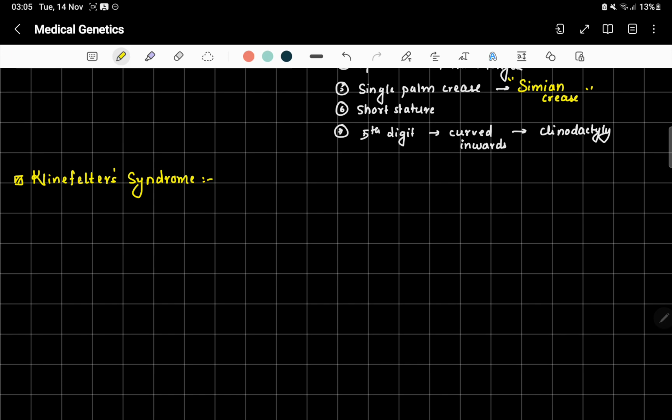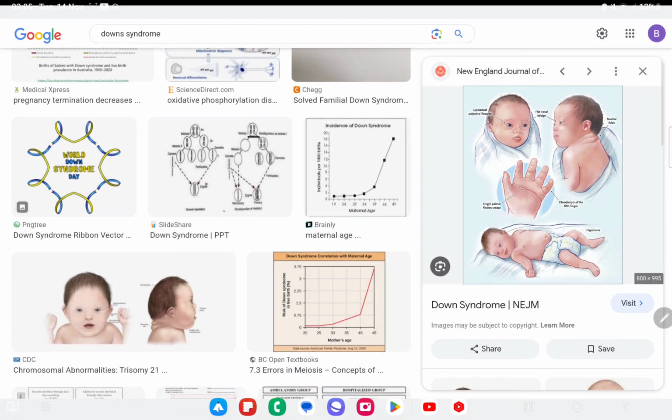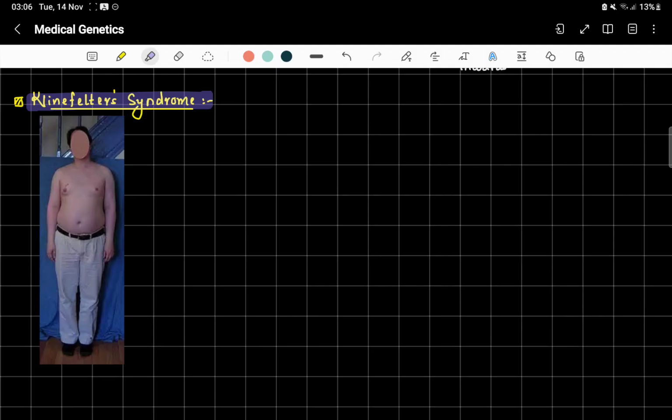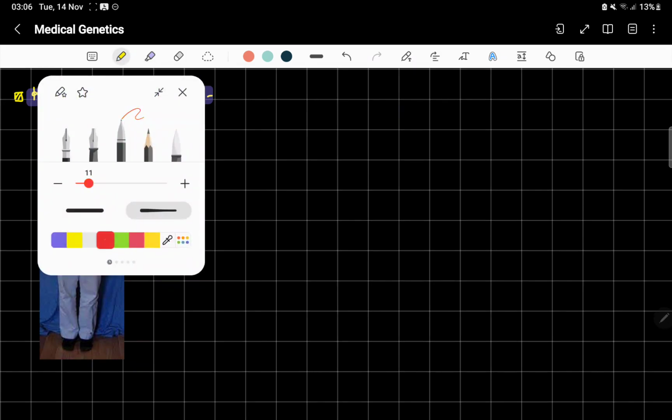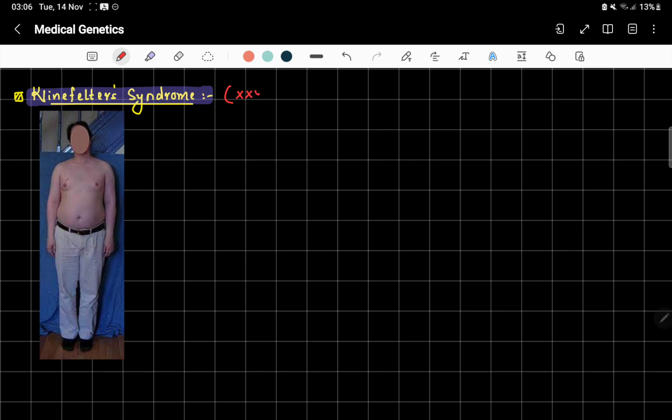So just look at the features of the Klinefelter syndrome. You can observe a real patient here having the Klinefelter syndrome. It is also due to a numerical abnormality. Klinefelter syndrome is XXY condition, which is also a numerical abnormality or aberration of chromosomes.